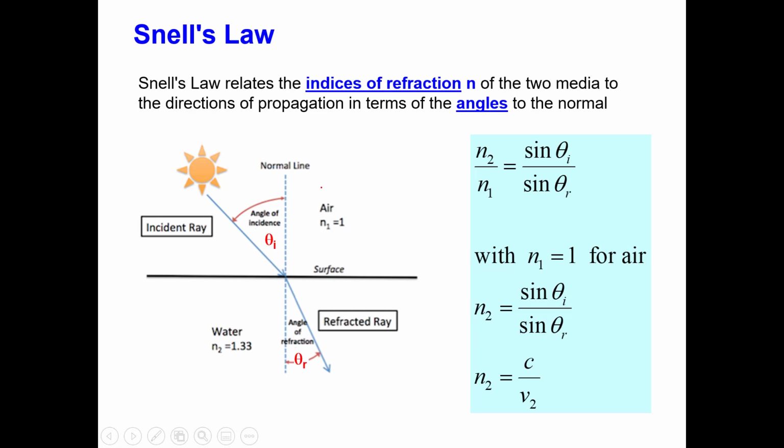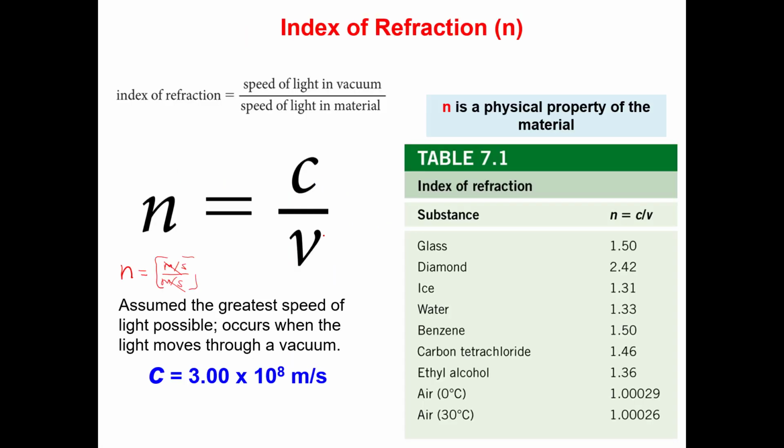Let's see the index of refraction of air, which is always 1. I forgot to mention that part. The index of refraction of air is about 1, because the speed of the light in vacuum and the speed of the light in air is almost the same.